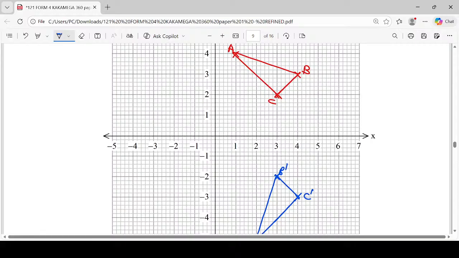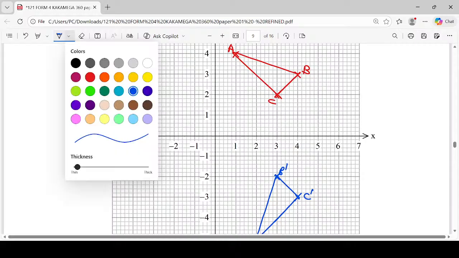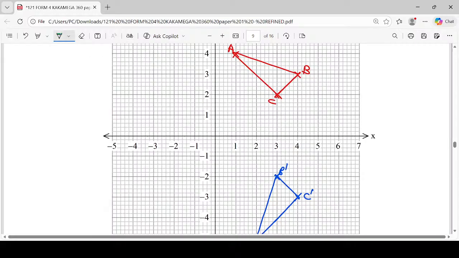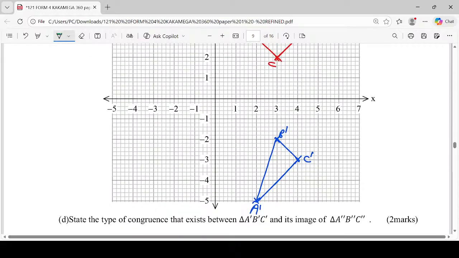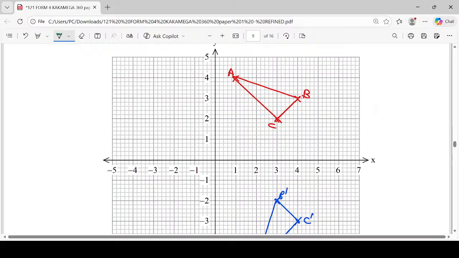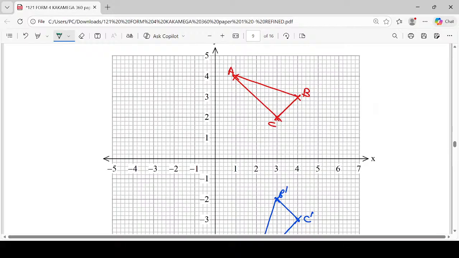Maybe before we know it's a rotation, let's do this. Let me use a green pen. For me to identify this transformation, let me join the points. Let me join B to B prime using a dotted line.